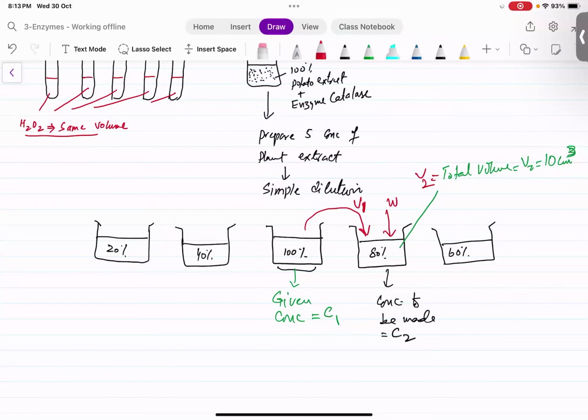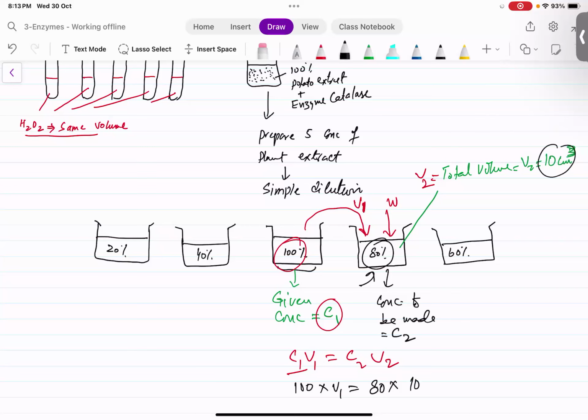And we already know that the formula applied here is C1 V1 = C2 V2. We know C1 from here, it is 100%. Then V1 is to be calculated. C2, this is to be prepared in this case. So this is 80. And total volume which has to be prepared is 10 cm cube. So we'll multiply it with 10.